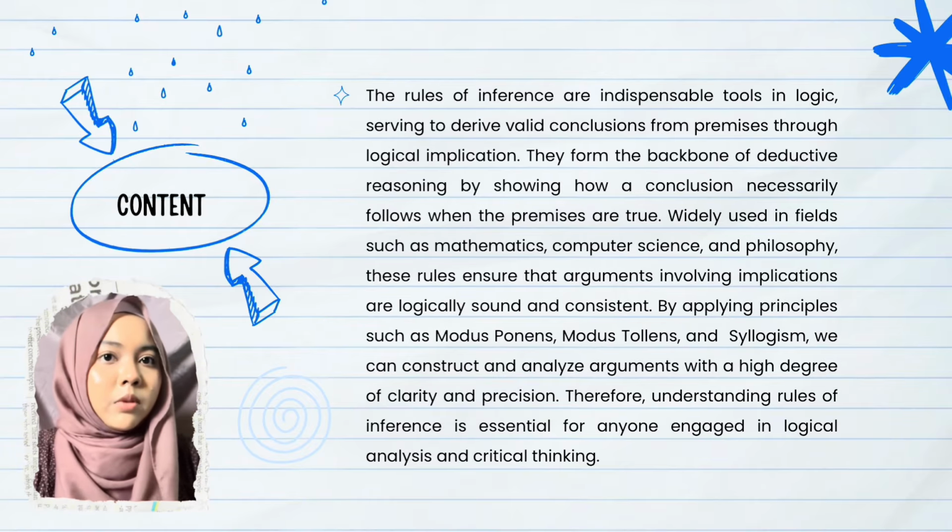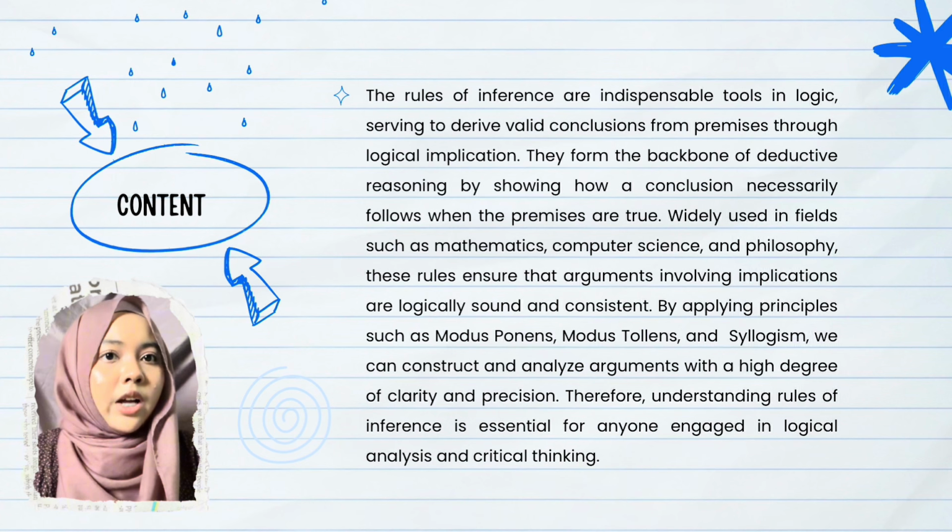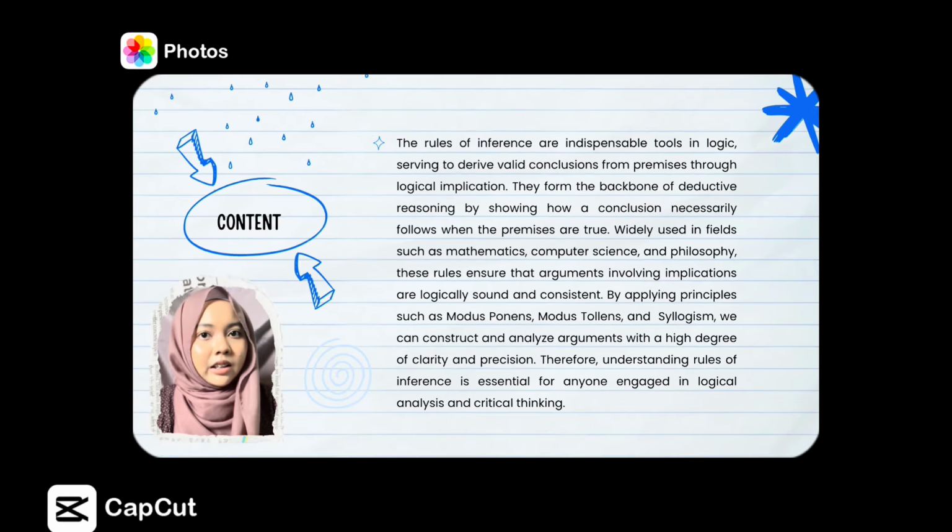By applying principles such as modus ponens, modus tollens, and syllogism, we can construct and analyze arguments with a high degree of clarity and precision. Therefore, understanding rules of inference is essential for anyone engaged in logical analysis and critical thinking.